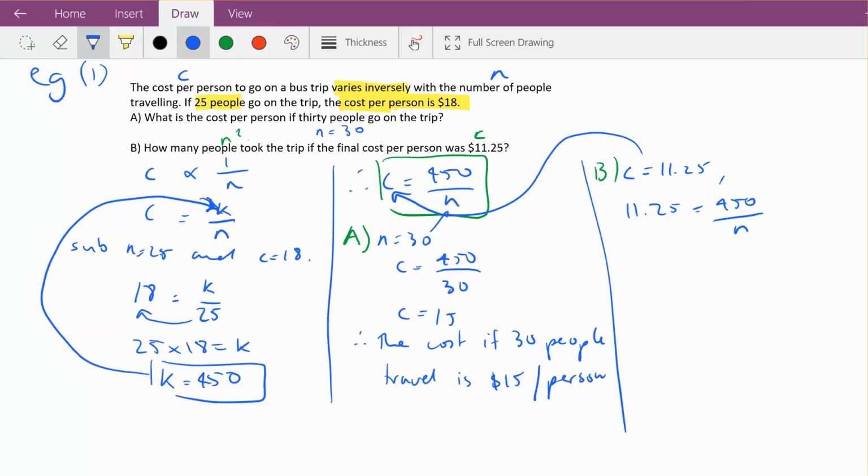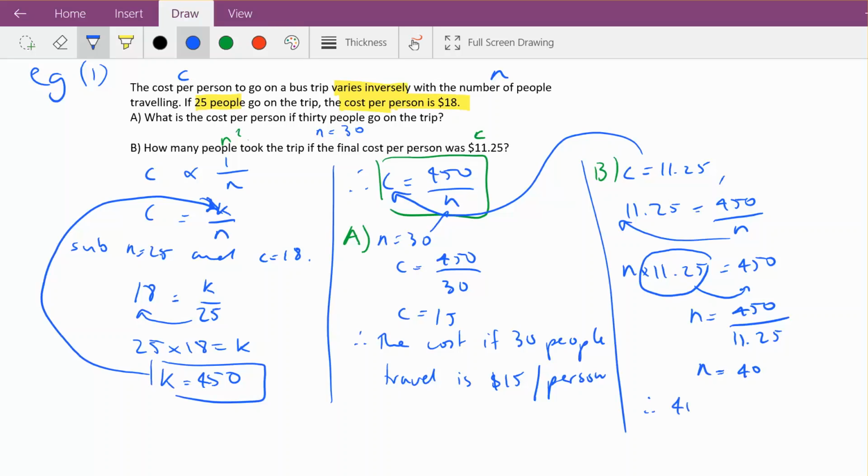Here, I need to times N up first, which is N times 11.25 equals 450. What's the opposite of times by 11.25? It is divide. So I've got 450 divided by 11.25, and that equals, a nice number, 40. Therefore, 40 people were on that trip.